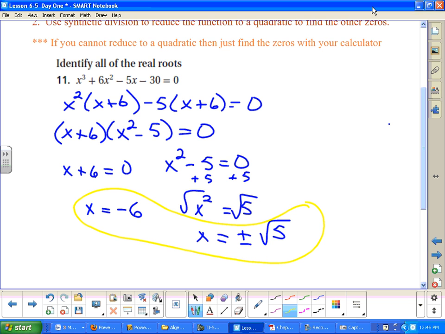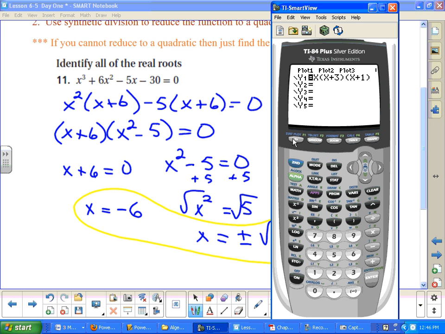Where's the third zero? Negative 6, positive square root of 5, and negative square root of 5. So if I look at it graphically, we've got x cubed plus 6x squared minus 5x minus 30.